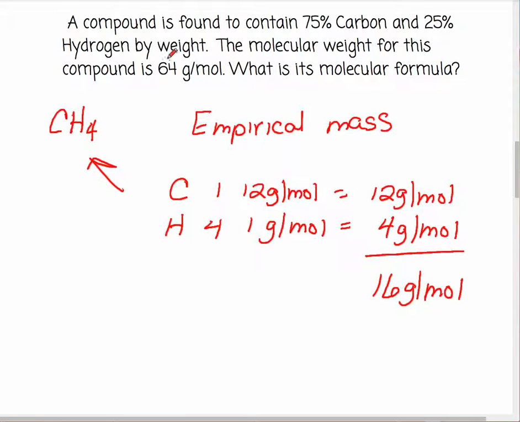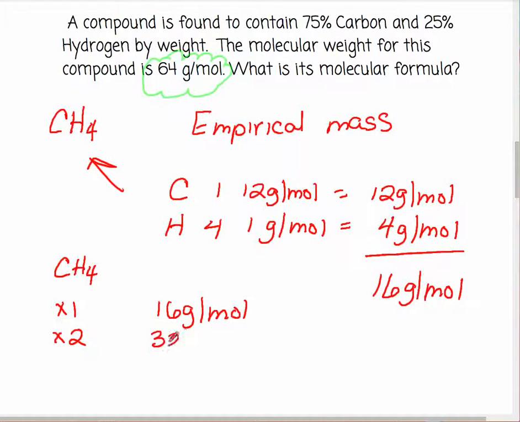Well, in our problem, we were told that the molecular formula weighs 64 grams per mole. And if you recall from the last program, if we had CH4 times 1, then its mass would be 16 grams per mole. If we had CH4 times 2, then it would be 32 grams per mole.